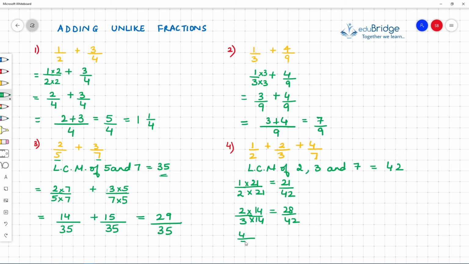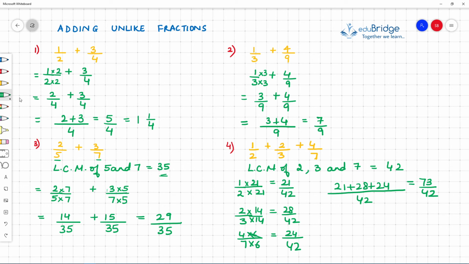And 4 by 7 is going to be times 6, which is 6 4s are 24 and 7 6s are 42. Now we have like fractions. Take the base 42, 21 plus 28 plus 24, which is equal to 73 by 42.